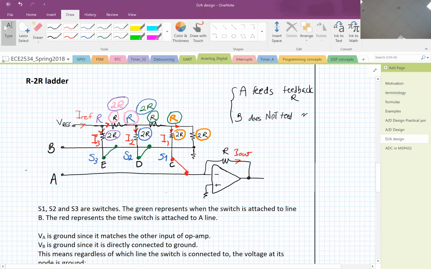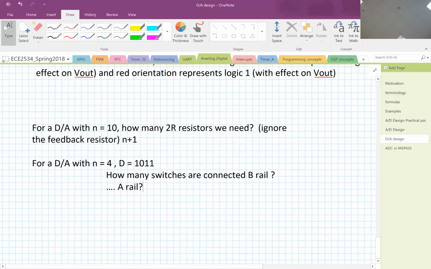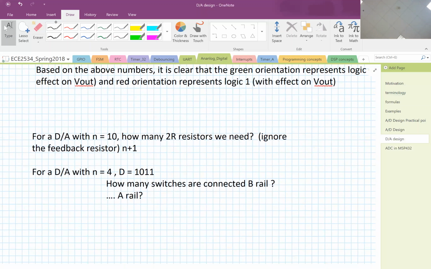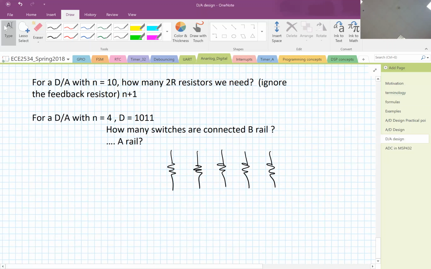The last question I ask you is, for the same number, the second bit from the MSB, which switch is that? Remember you just said that we have N plus 1 2R's. So that's one 2R, another, and another. Which one is not connected to any switch? The first one or the last one?